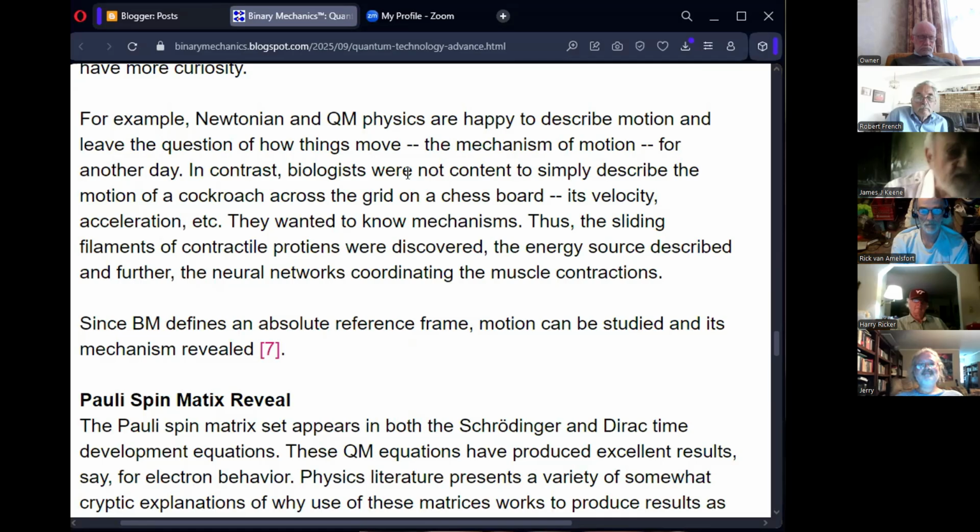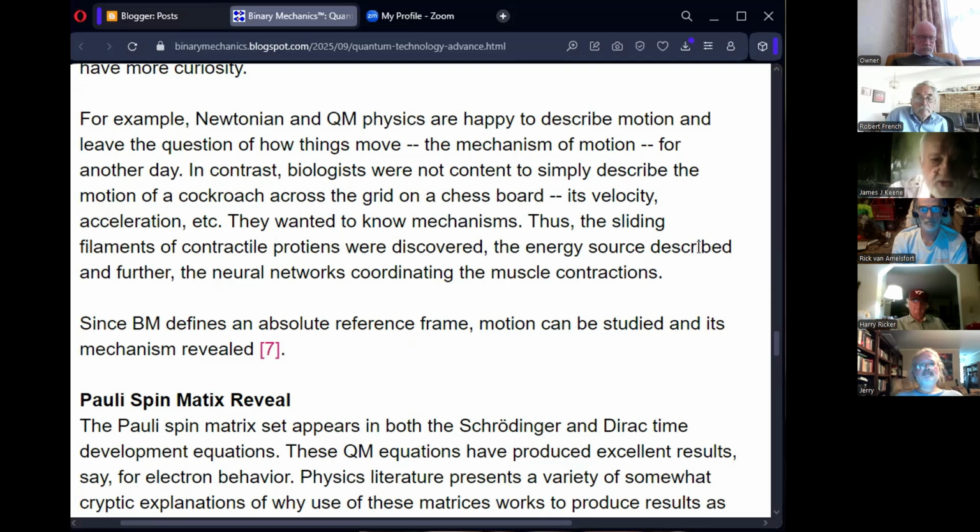In contrast, biologists were not content to simply describe the motion of a cockroach across a grid on a chessboard, its velocity, its acceleration. That's what you're going to get from Newtonian physics and quantum mechanics. They wanted to know mechanisms, these dumb biologists. They wanted to know how the cockroach moves. Thus, the sliding filaments of contractile proteins were discovered.